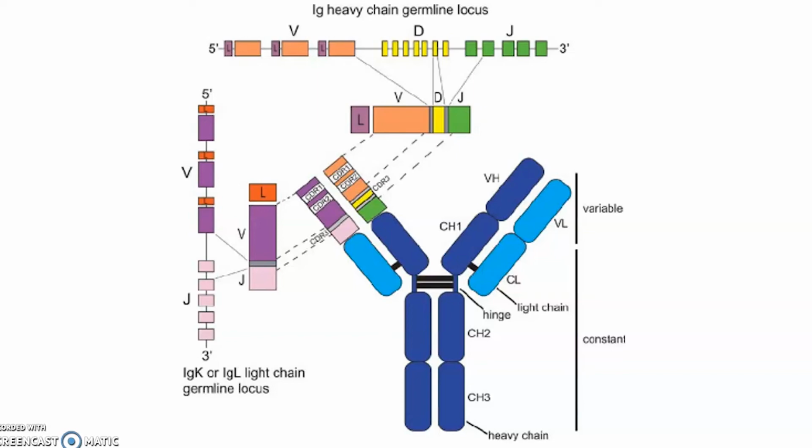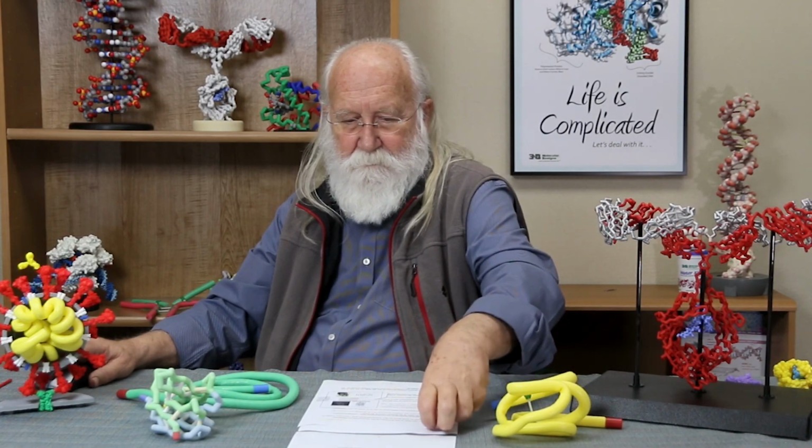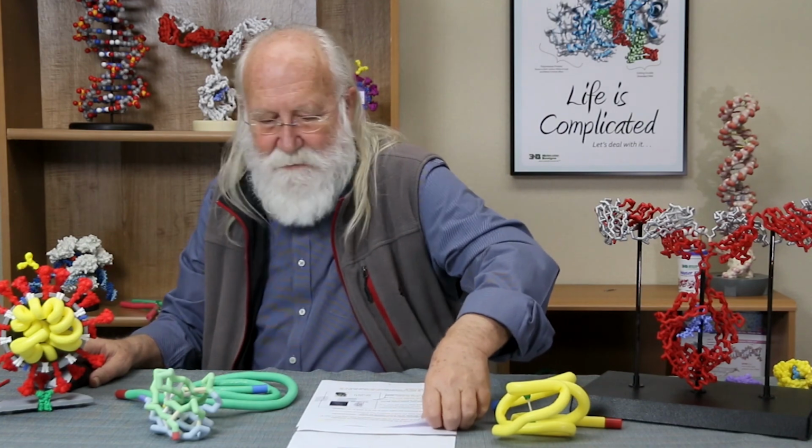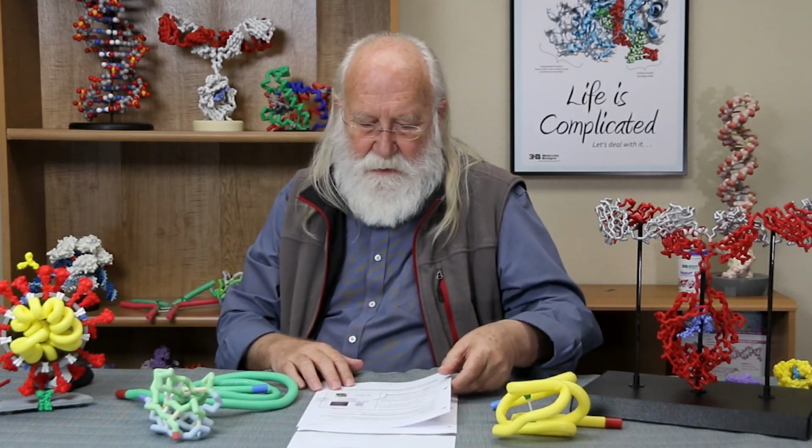But if you are an immature, antibody-producing B cell, then you're going to recombine this specific gene so that you can make any one of 100 million different antibody proteins. Truly amazing. So if you want an even clearer explanation of this, there is a video that we'll provide the link to on this website.